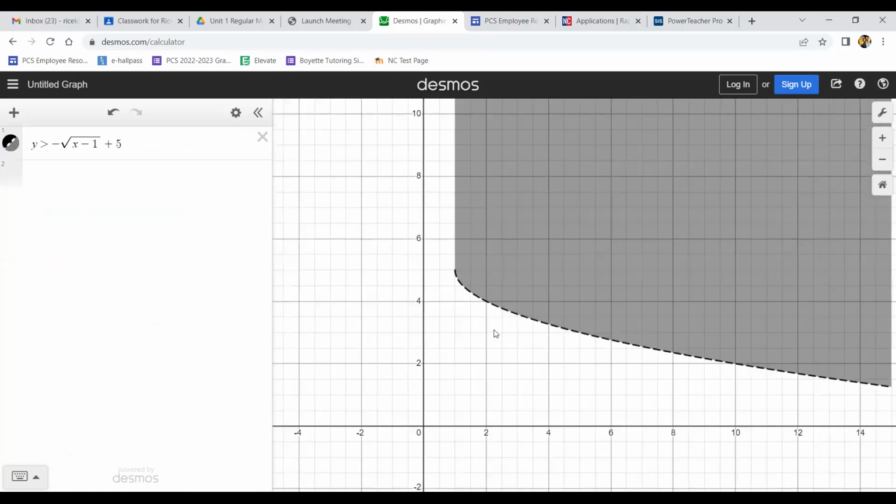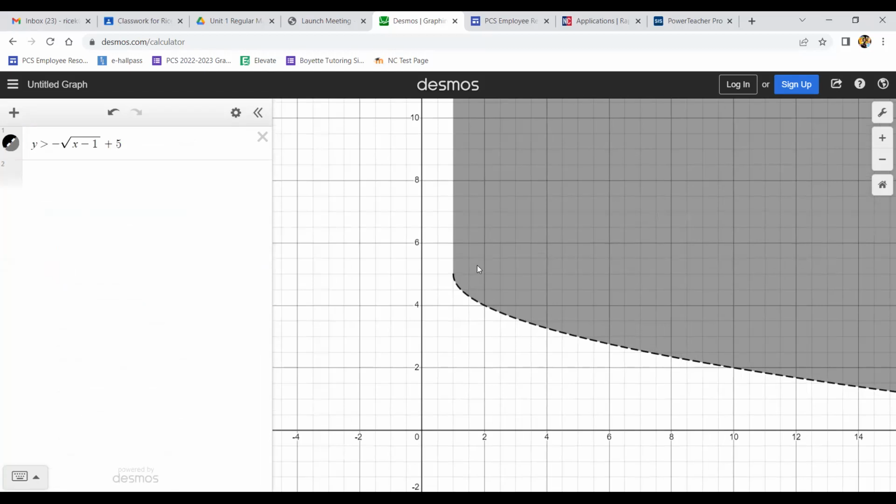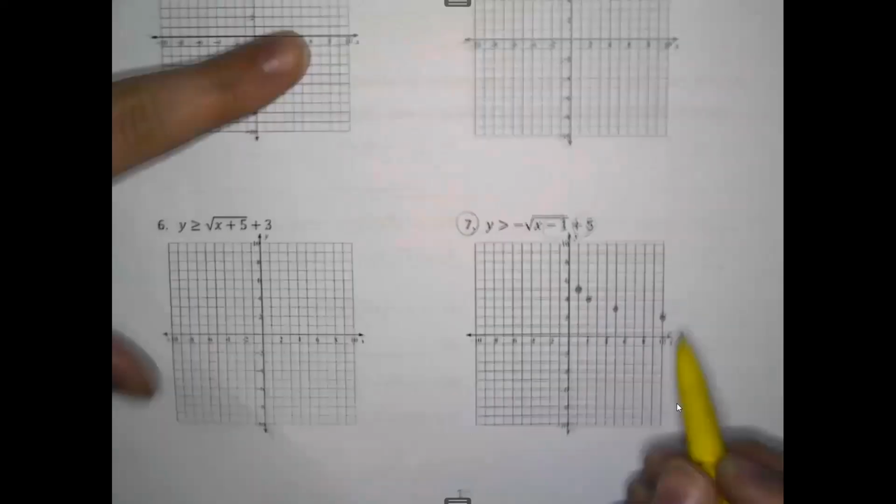And then this is the part that's kind of interesting. We've never seen one like this before, where the shading doesn't go anywhere past to the left of an X value of -1, because that's where all the undefined values were. So we can't shade over there. So I'm going to do a dotted line. You can see there's a dotted line. So I'm going to make this dotted.